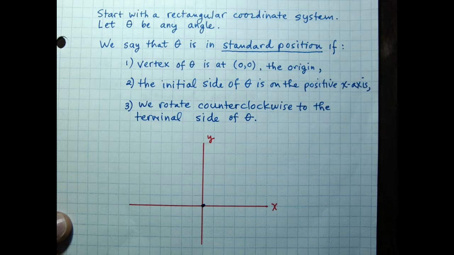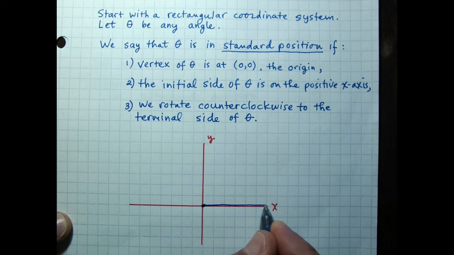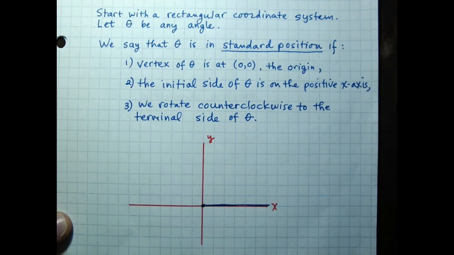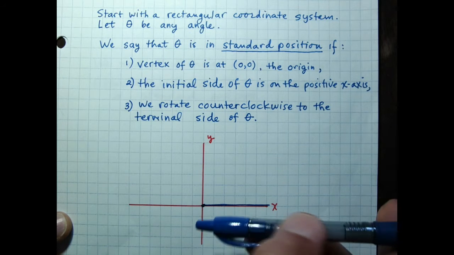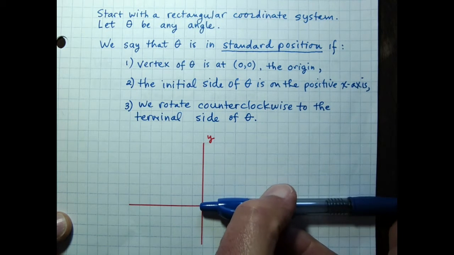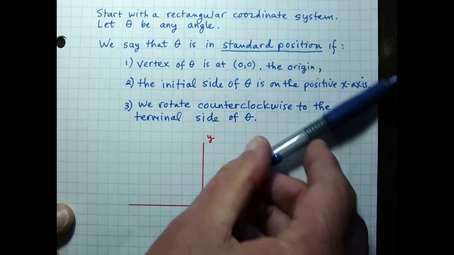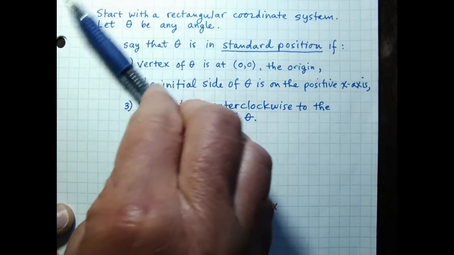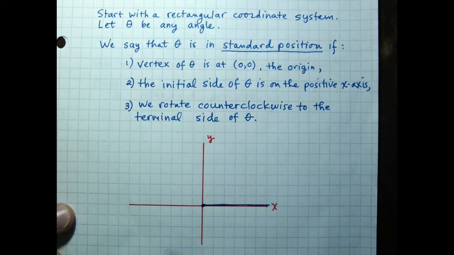The initial side of the angle theta has to lie along the positive x-axis, and we rotate counterclockwise to the terminal side of theta.